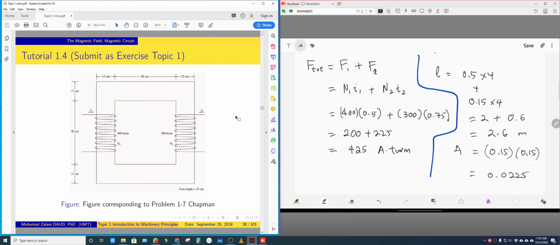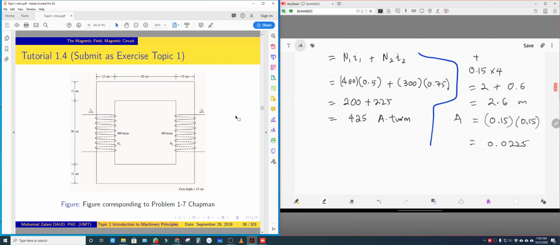So we get 0.0225 meter squared. So that is the cross-sectional area, and also the mean path.